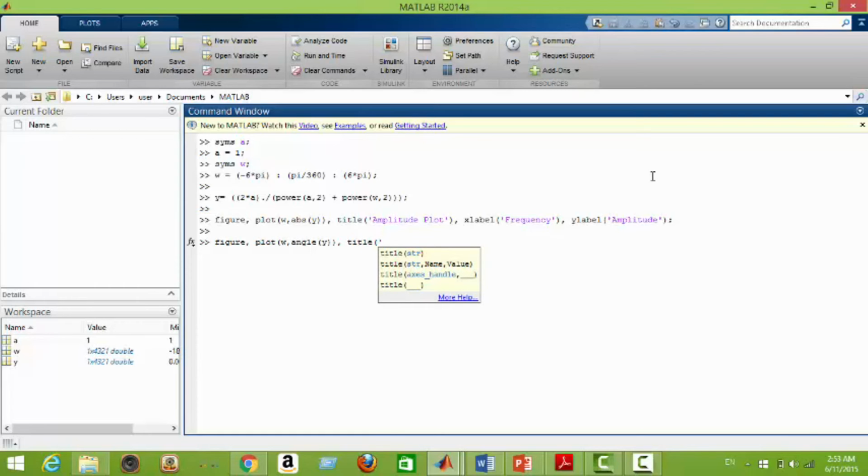We need to set the title for the graph, so here we set the title as phase plot, and the label for the x-axis we put as frequency, and the label for the y-axis we put as phase.